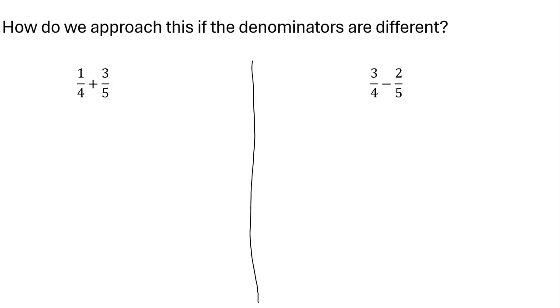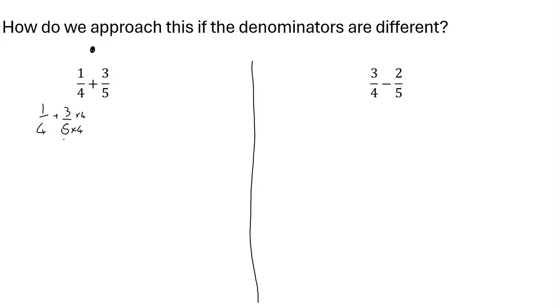Let's focus on the adding question first. There are two techniques, both of which do the same fundamental thing, which is make the fractions over the same denominator. For the first technique, I take the fraction on the right and multiply top and bottom by the denominator of the left-hand fraction.